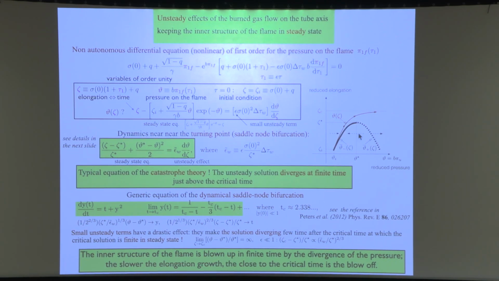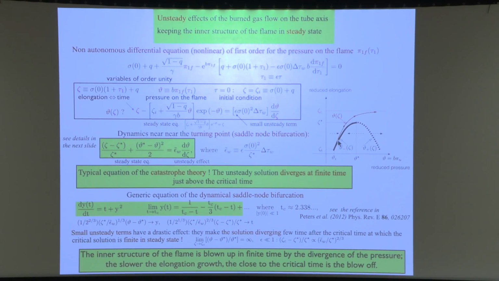Now, it turns out that according to the trajectory in the phase space, this is stable and this is unstable. So in a sense, you see that this is a node and this is a saddle.